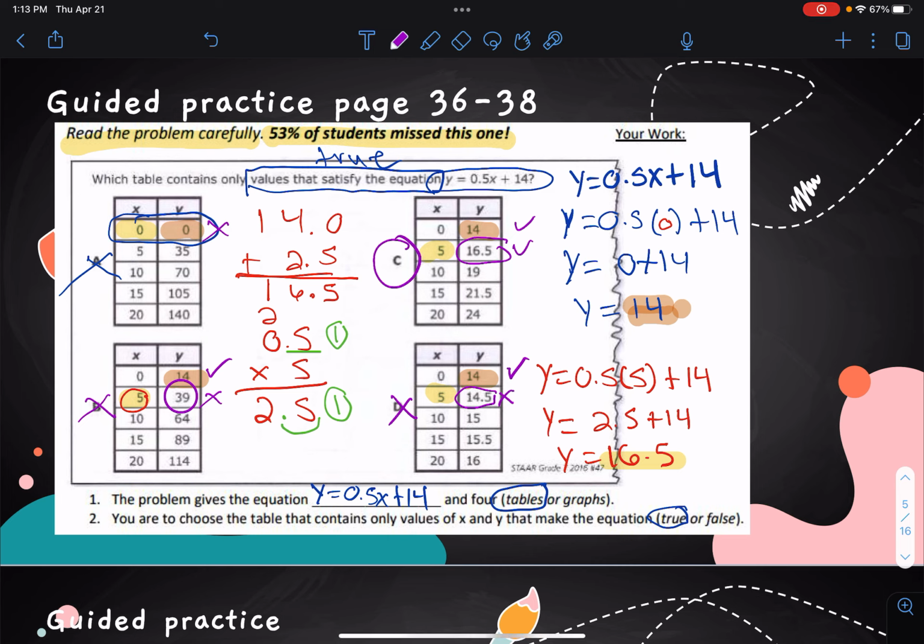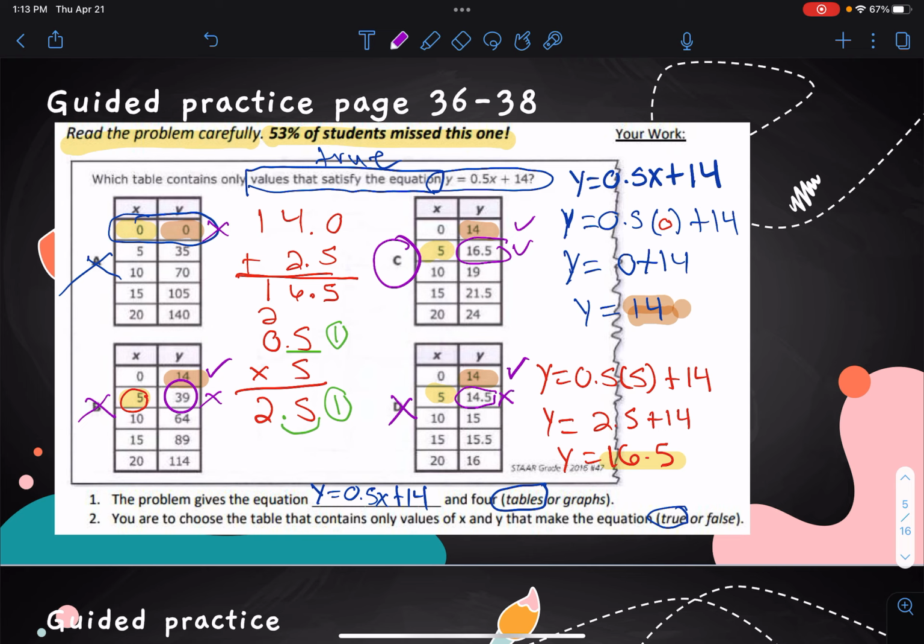Okay. So these are a little bit time consuming because you have to check multiple numbers. But if you look, it was easy for me to go through and say, okay, 0 can help me eliminate some of the answer choices.